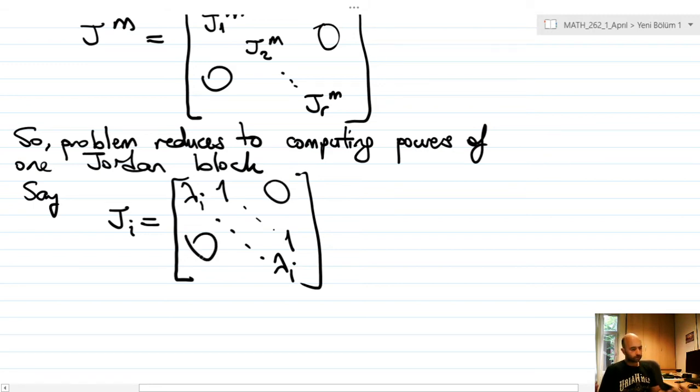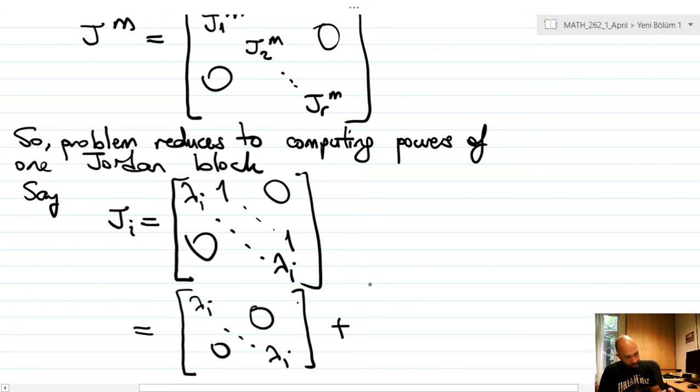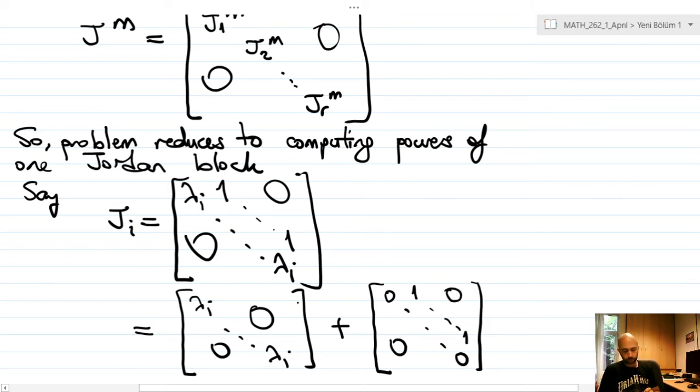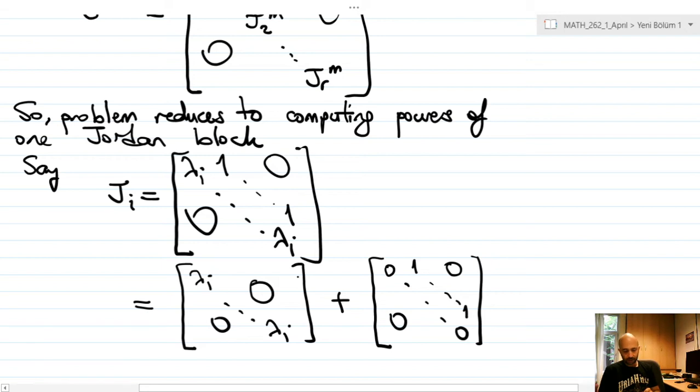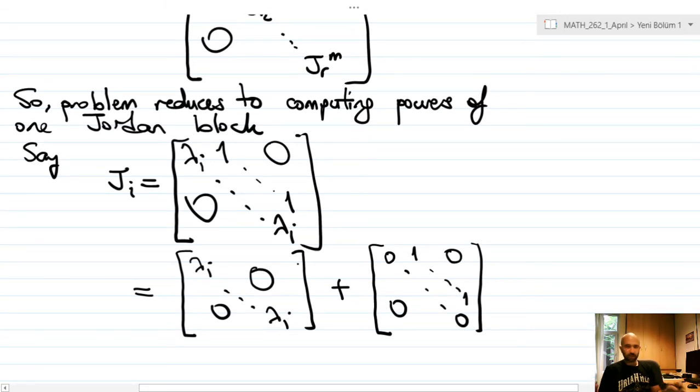The first remark is that we could write this as the sum of this lambda i diagonal matrix, plus a second matrix where you have zeros on the diagonal but ones just right above the diagonal. Right, we have this decomposition, and this is nothing but the S plus N decomposition for Ji.